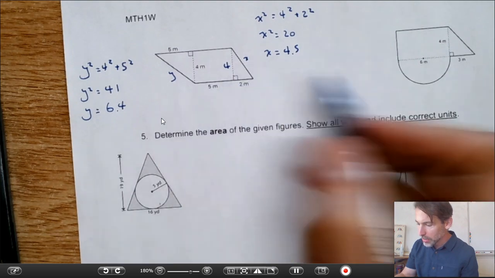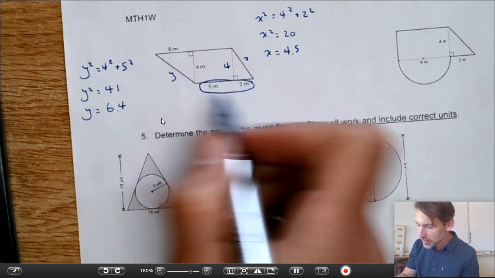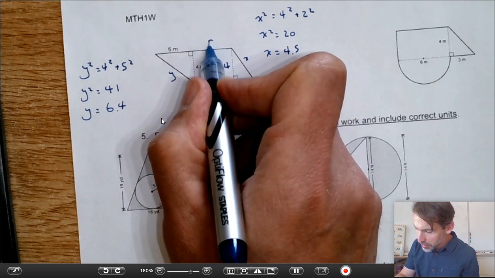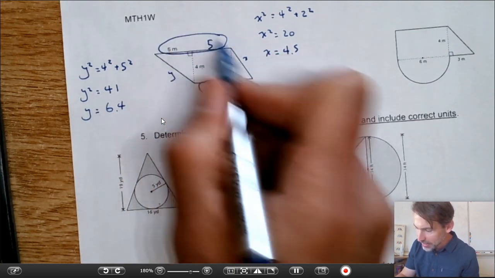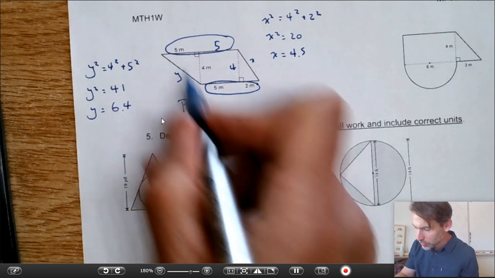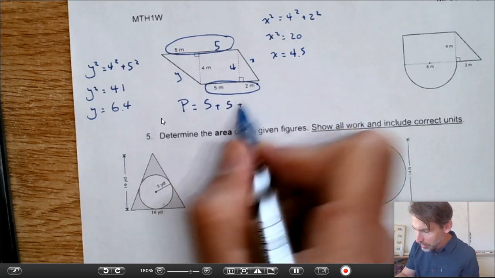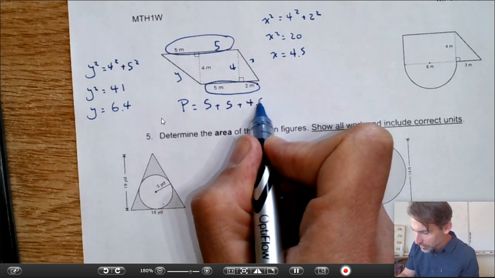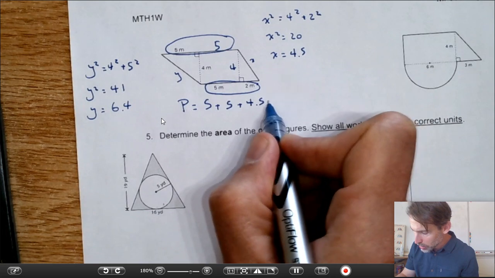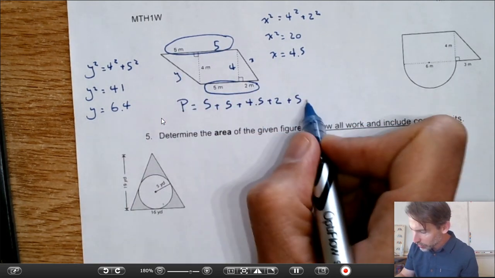Okay, so now let's do the perimeter. This side is also 5 up here, so I also want to add that side. Perimeter is equal to 5 plus 5 plus 4.5 plus 2 plus 5 plus 6.4.